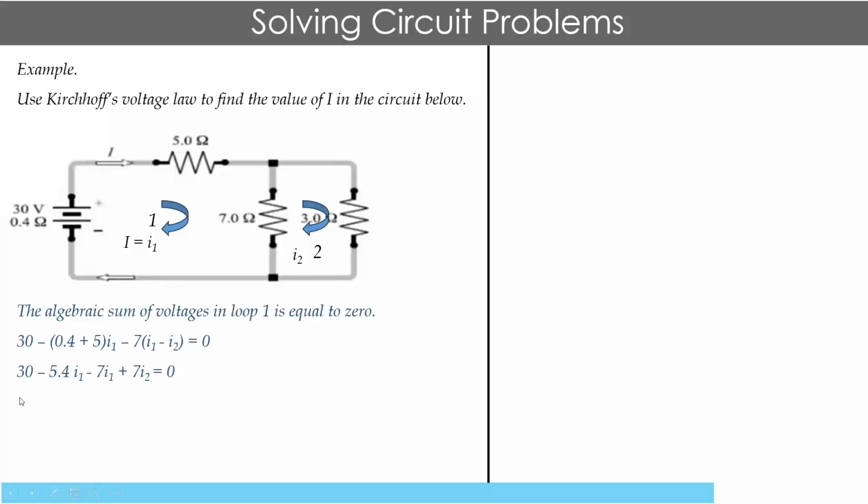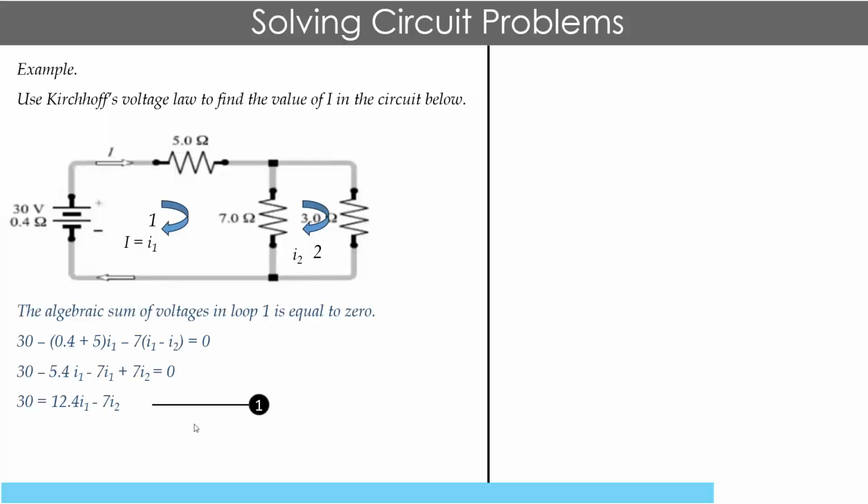So I would like to rearrange this equation to become 30 is equal to 12.4 I1 minus 7 I2. That's because when this negative sign crosses the equal to sign, it becomes positive, and when the positive crosses to the right hand side also, it becomes negative. So I can call this one equation 1.